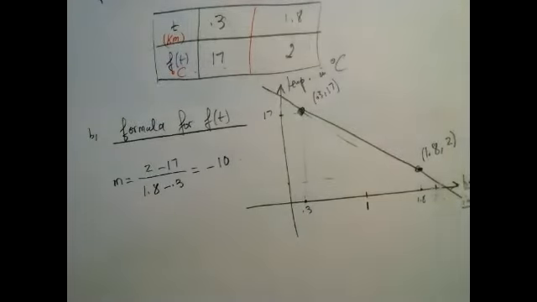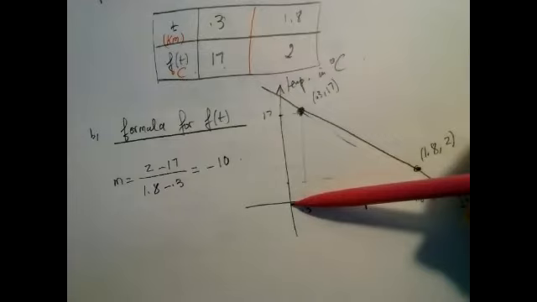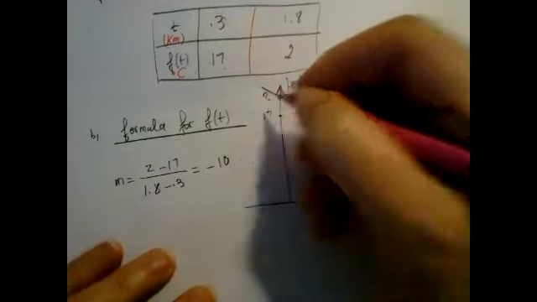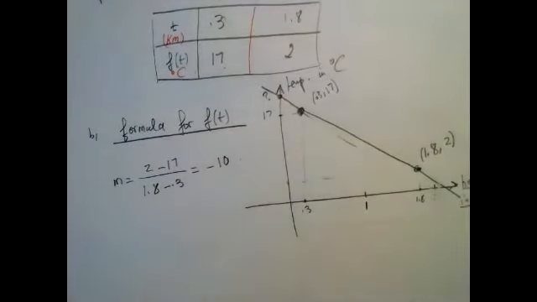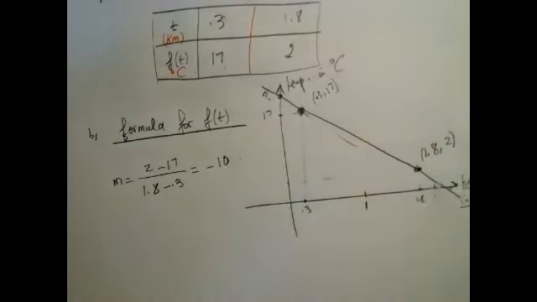Why is 17 not B? Because 17 is not the output when T is 0. The intercept is this one here that I actually don't know. It's not at 0, exactly. 17 is not the temperature at 0, so I don't have the B. I have to go and look for it.